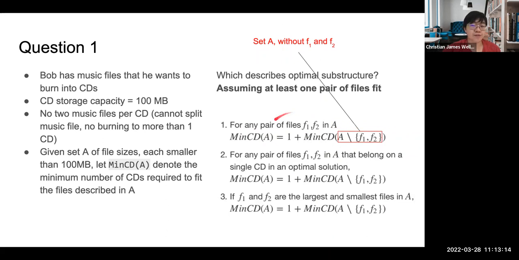So which of these describe the optimal substructure? Meaning, the optimal solution to the subproblem, you can use it to construct the optimal solution to the current bigger problem. Slightly different, so just have a read. I'll give you some time to think about it.